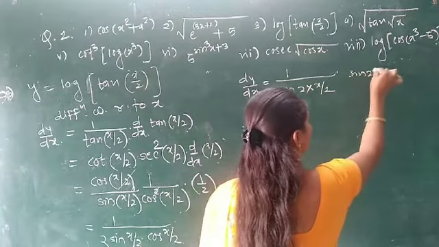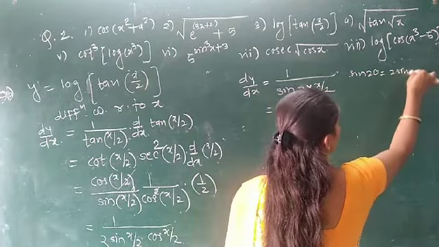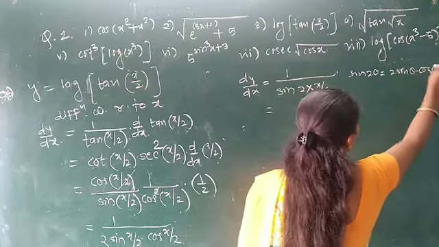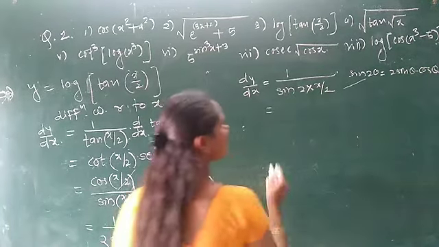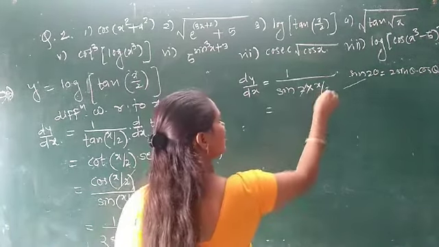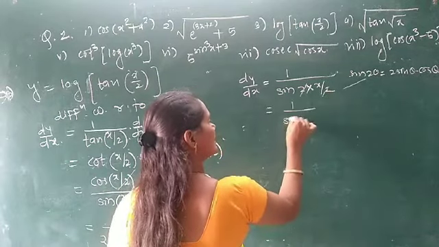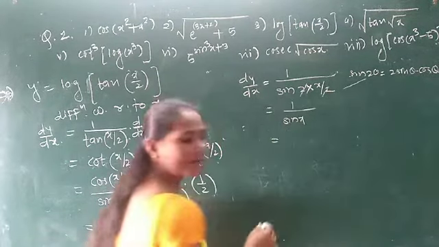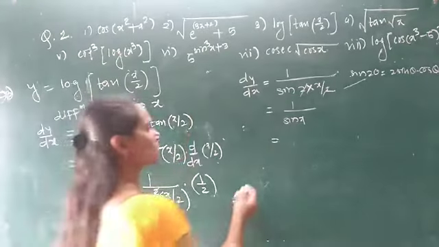Since sin 2 theta is equal to 2 sin theta into cos theta, we use it here. Now this 2 will get cancelled, so the remaining part is 1 upon sin x. And again we know that 1 upon sin theta is cosec theta.